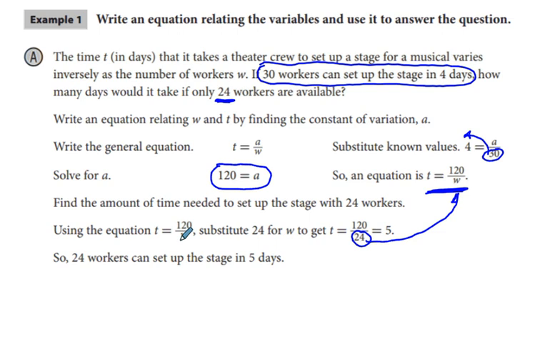So 24 workers can set up the stage in 5 days. Now, earlier, just trying to be logical about it, we knew it was going to take more time than it would take 30 workers to set up the stage.